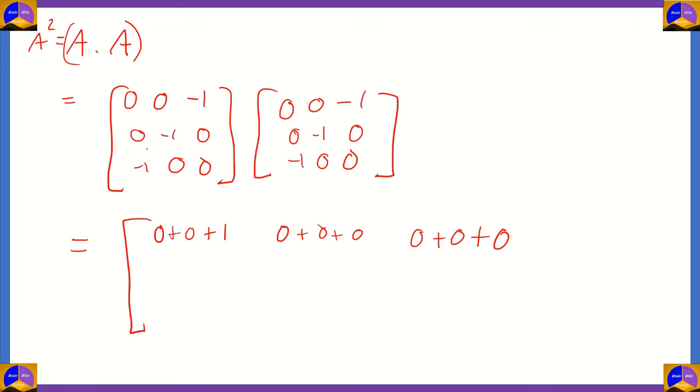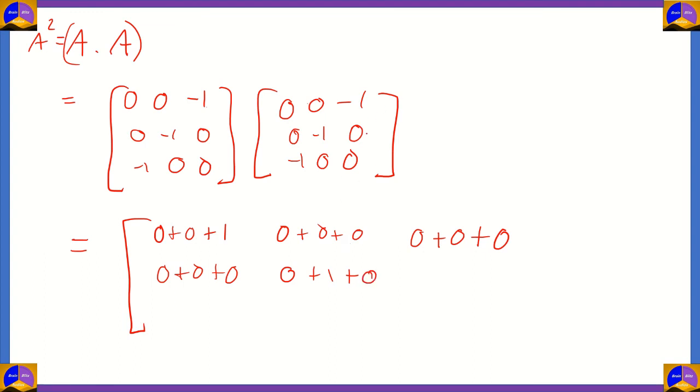In the second row, you will have 0 times 0, again 0, -1 times 0, again 0, 0 times -1 is 0. Now we take the second row and the second column of the second matrix. So over here, 0 times 0 is 0, -1 times -1 equals +1, and then 0 times 0 is 0.